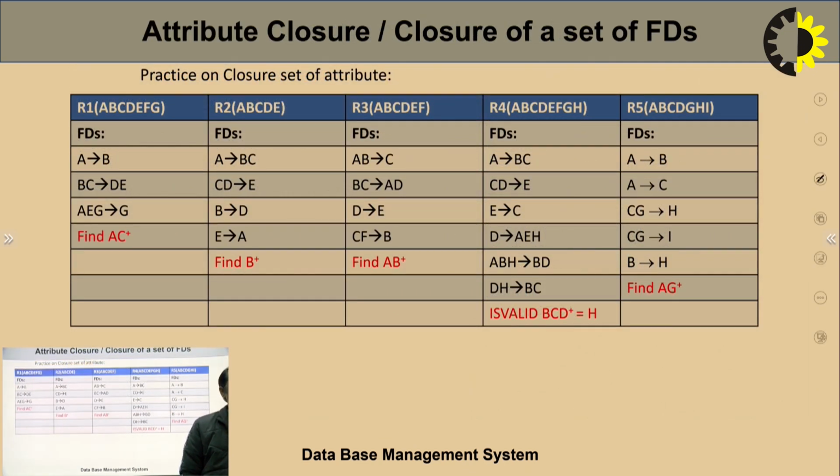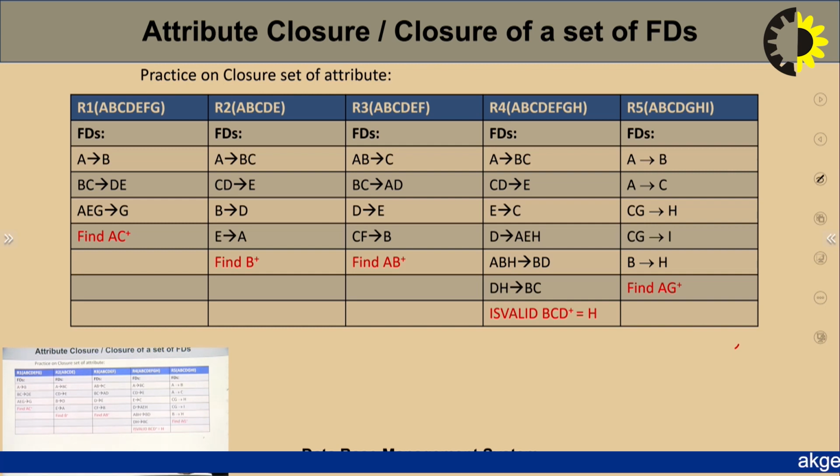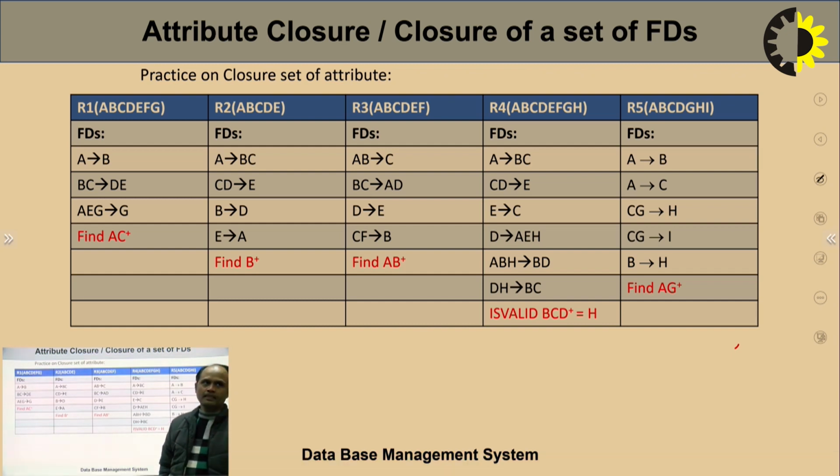For practice, we have relations R1, R2, R3, R4 and R5, and we can find the closure. How do we find the closure in a particular relation? In R1 we have three dependencies: A tends to B, BC tends to D, and AEG tends to G. Find AC plus, the closure of AC.